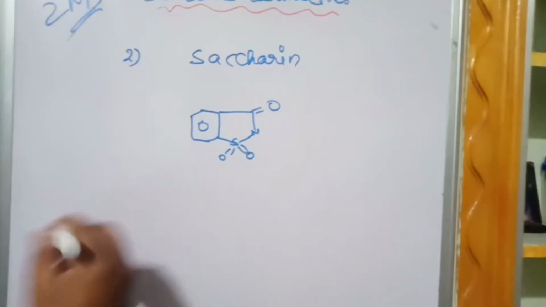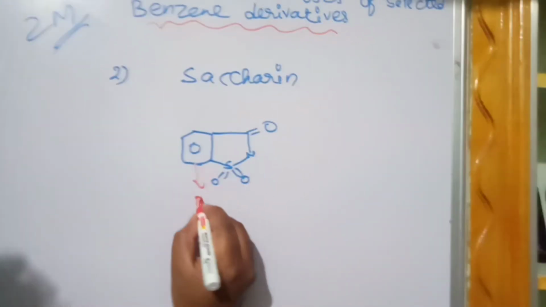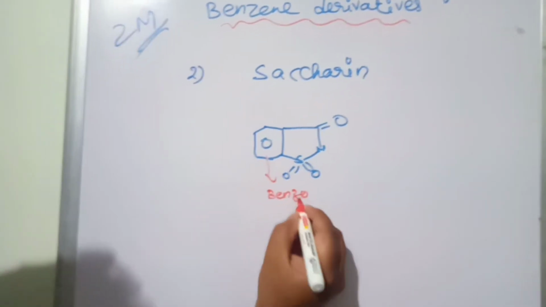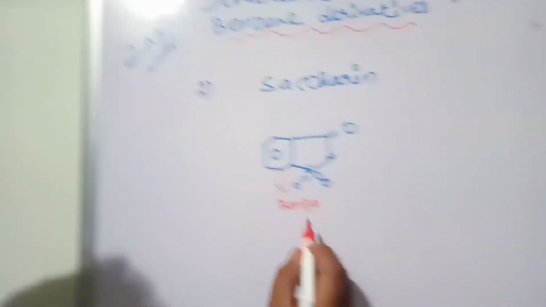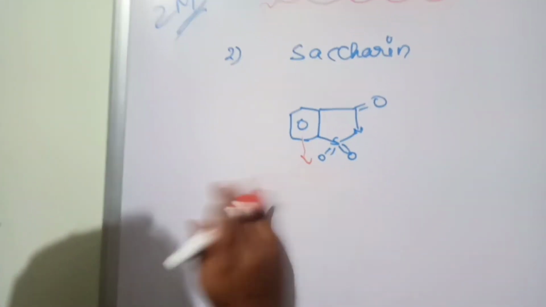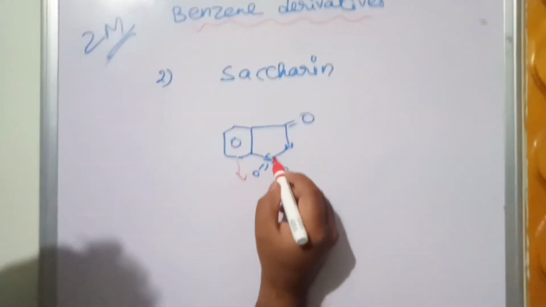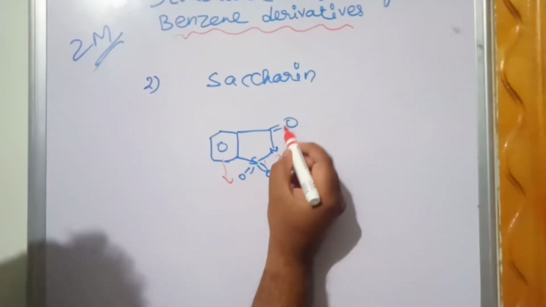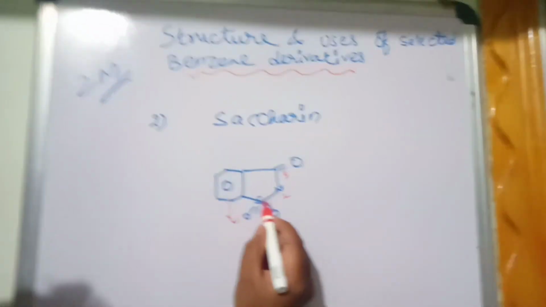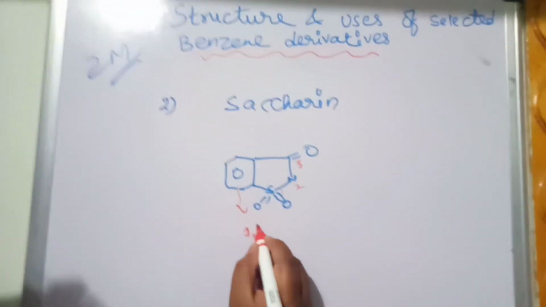Now what is the name of this saccharin? We know that it is a benzo, so we are not writing that first. First we will number this ring 1, 2, 3.